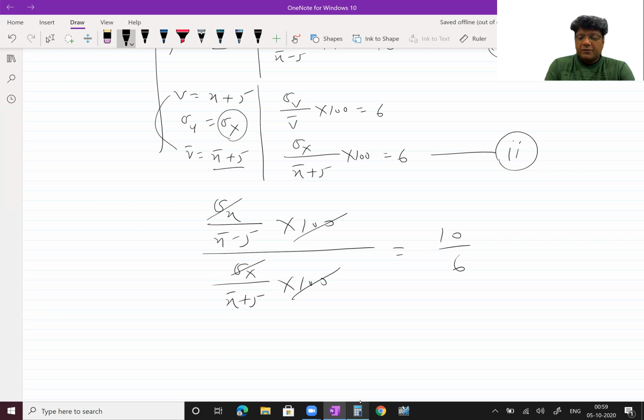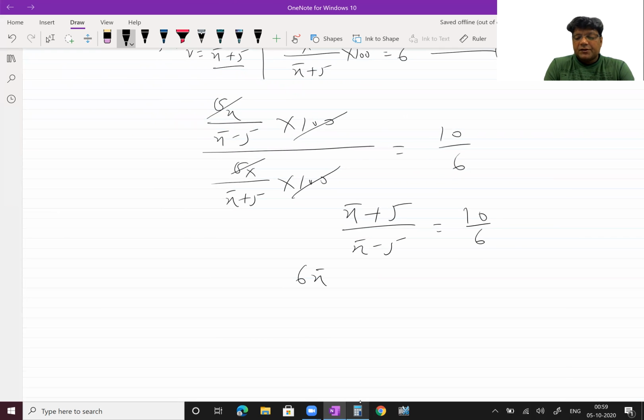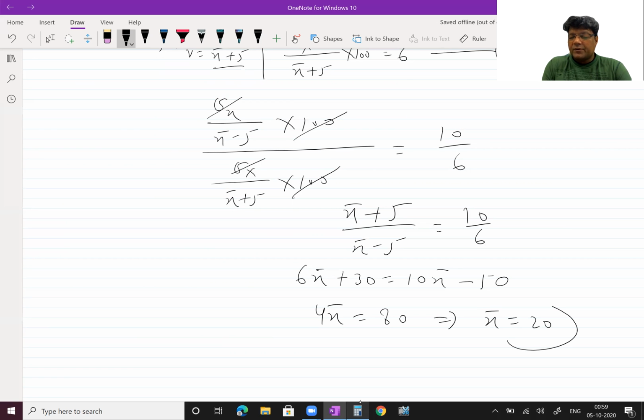So x bar plus 5 goes to the numerator, divided by x bar minus 5, is equal to 10 by 6. Cross multiply. 6x bar plus 30 is equal to 10x bar minus 50. So 4x bar is equal to 30 plus 50, 80, giving x bar is equal to 20.